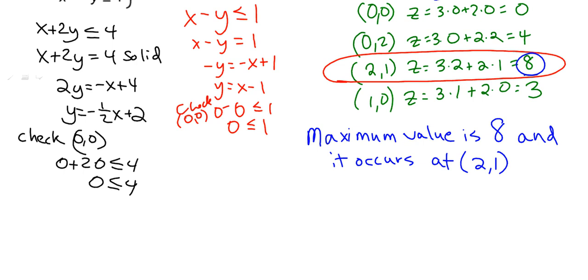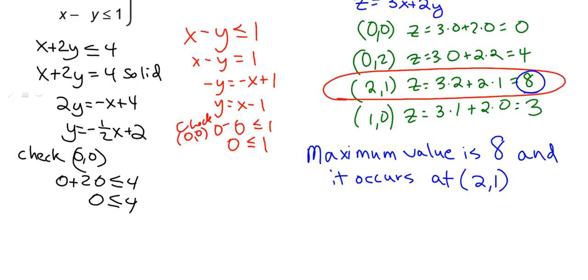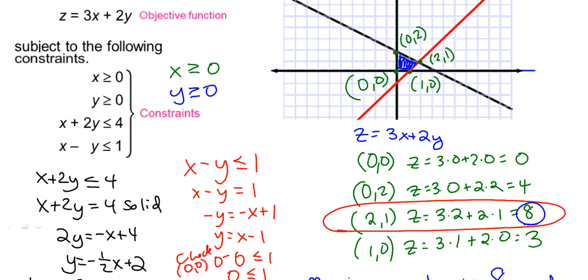And so we have optimized that, finding a maximum. Not super interesting, but if we really wanted a minimum with that objective function, then it would have happened at (0, 0), just to let you know.